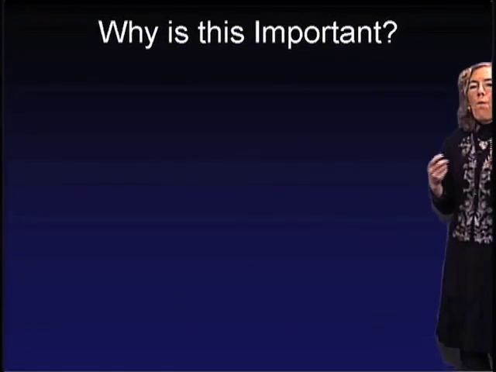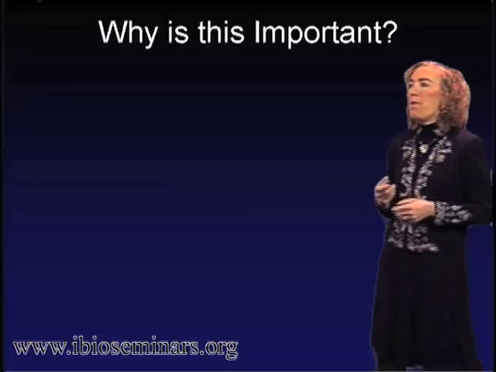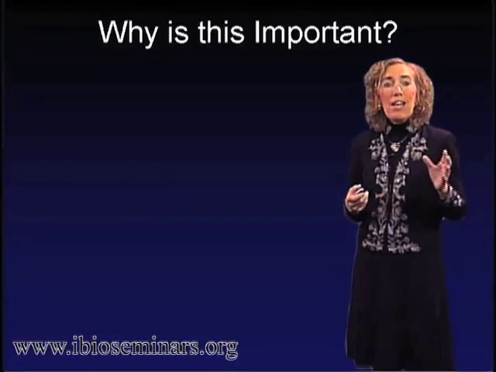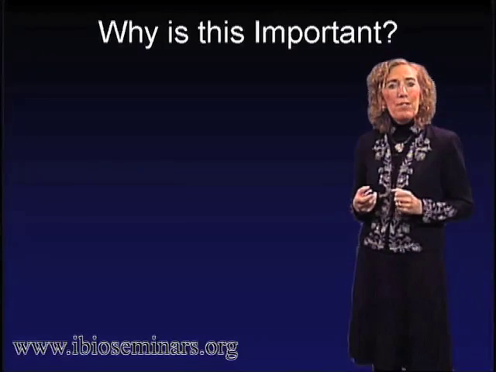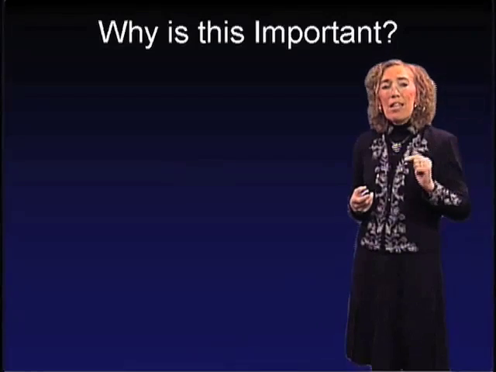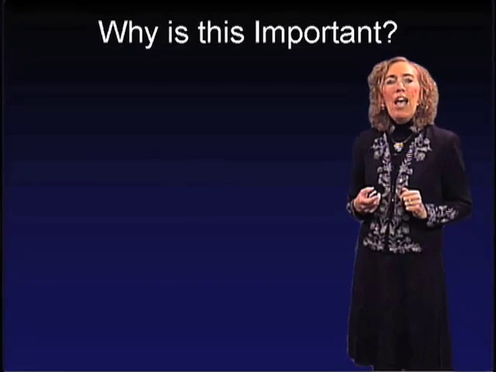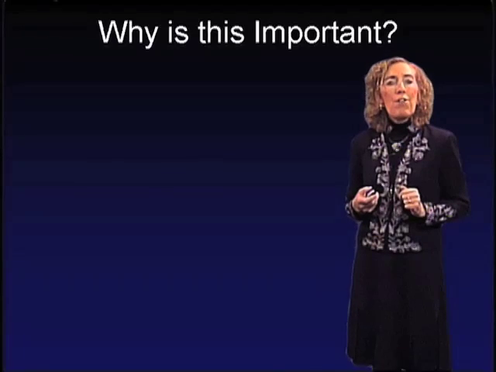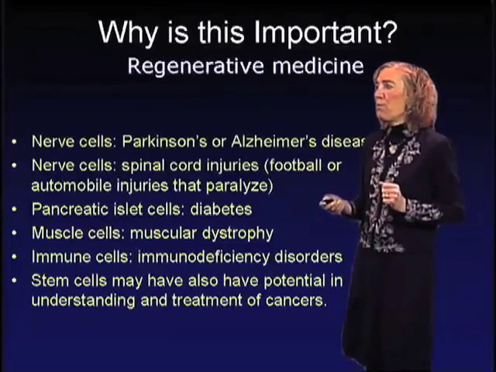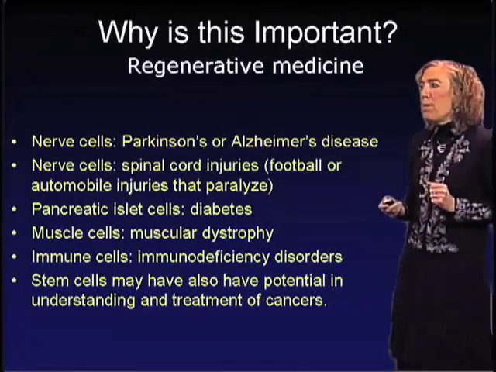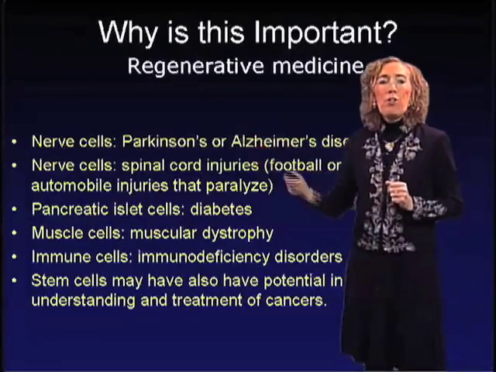So, why is this important for regenerative medicine? Well, scientists study mouse so that we can learn more about the biology of stem cells. But this technology has enormous implications for regenerative medicine. How? Well, these cells might be able to be used to generate nerve cells.